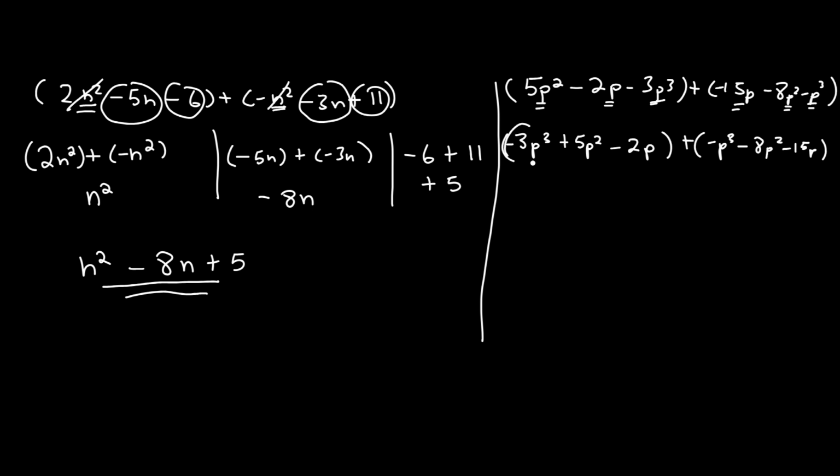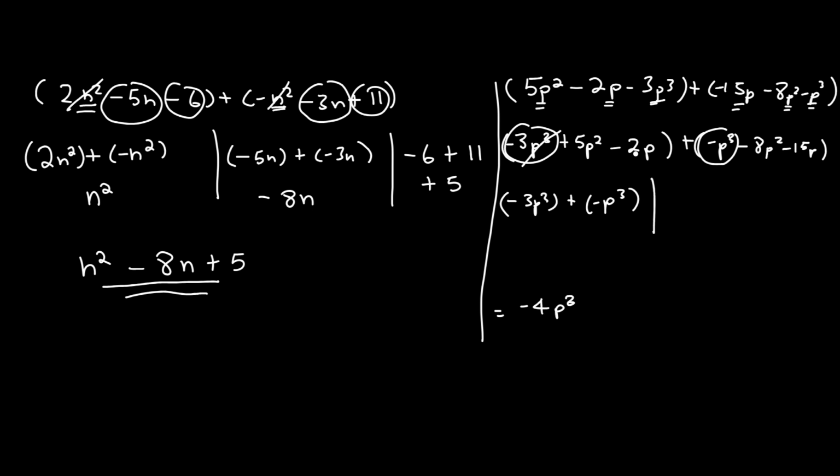Let's start with the first one here, this one and this one. So it's negative 3p cubed plus negative p cubed. We're adding two negatives, so we'll have negative 4p cubed.